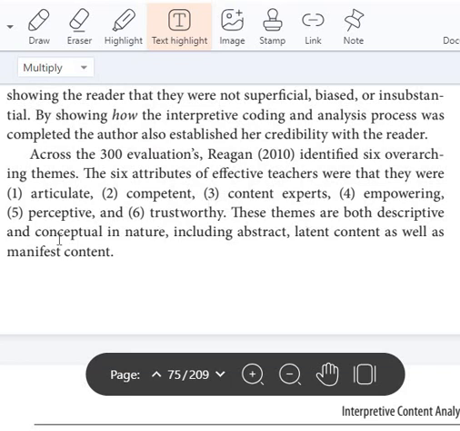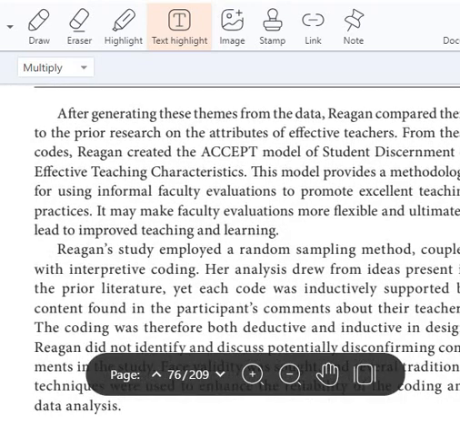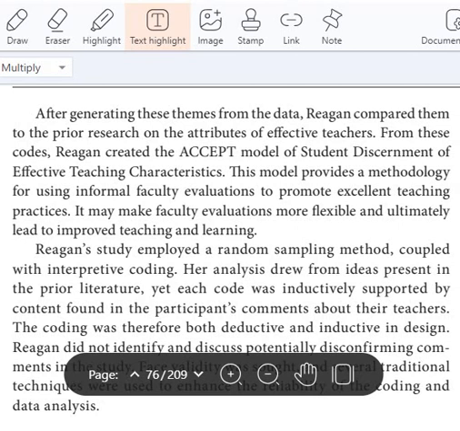These themes are both descriptive and conceptual in nature, including abstract latent content as well as manifest content. So it didn't only contain manifest but also latent content. As you can see from the initials of these 6 themes, after generating these themes from the data, Reagan compared them to the prior research on the attributes of effective teachers.